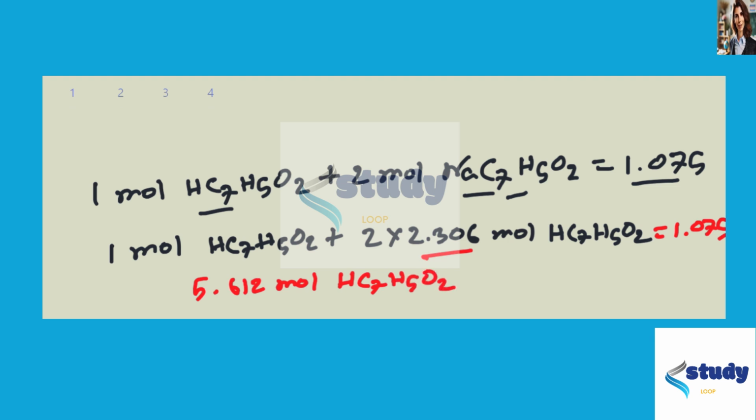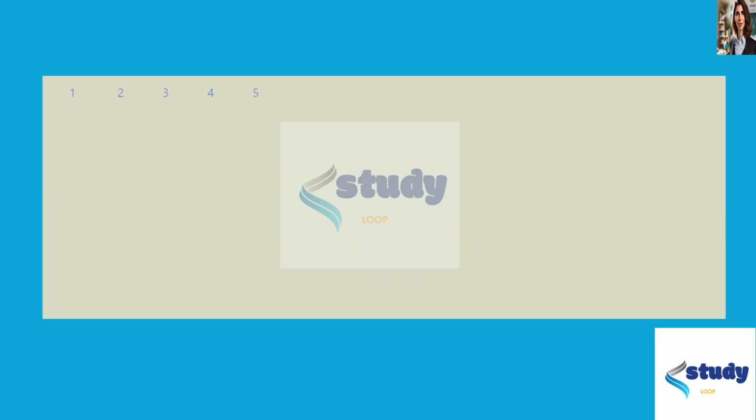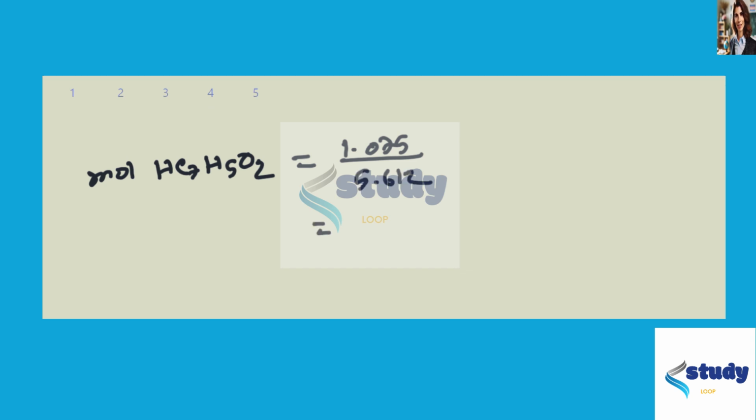5.612 moles of HC7H5O2 is equal to 1.075, and from here we can find the moles of HC7H5O2, the benzoic acid. I simply divide 1.075 over 5.612, and it will give us 0.192.